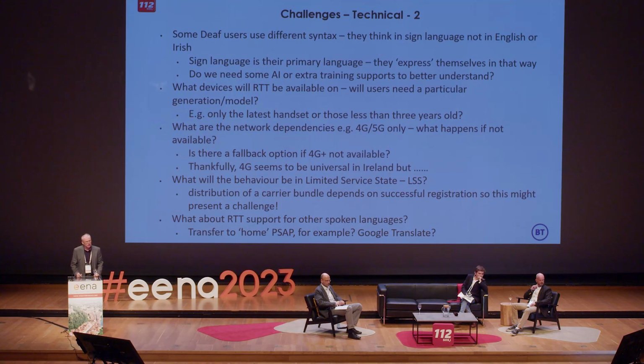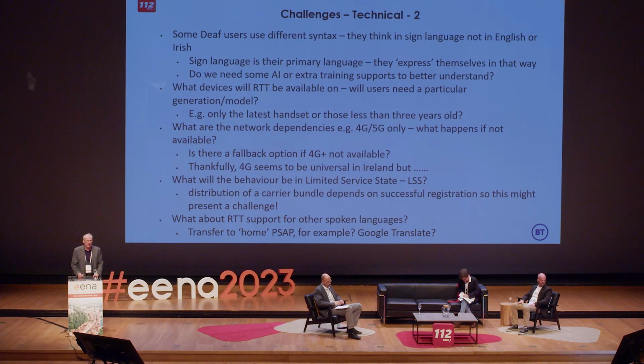Look, there's no easy solution for this, but we expect that we will need extra support for the call takers, and one of the things we're considering is maybe AI. Not so much that AI is a perfect solution, but it may be able to bring speed to the conversation. And as we all know in emergency services, speed is of the essence.